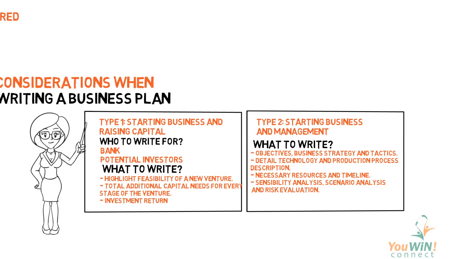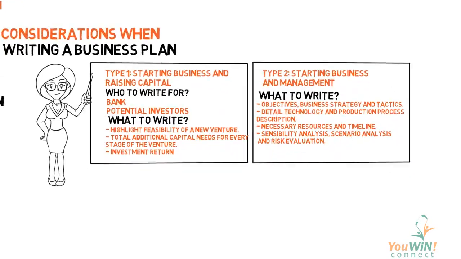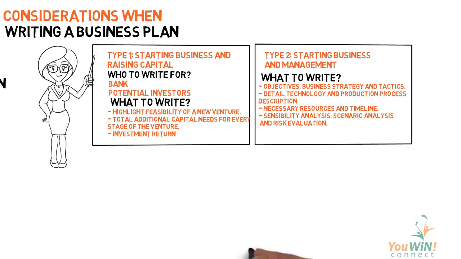You write the necessary resources and the timelines that you need. And of course, in the financial plan, you will show the risk evaluation. You will also show scenario analysis and paint the best case, worst case, and realistic scenarios when you are considering the financial aspects of this venture.